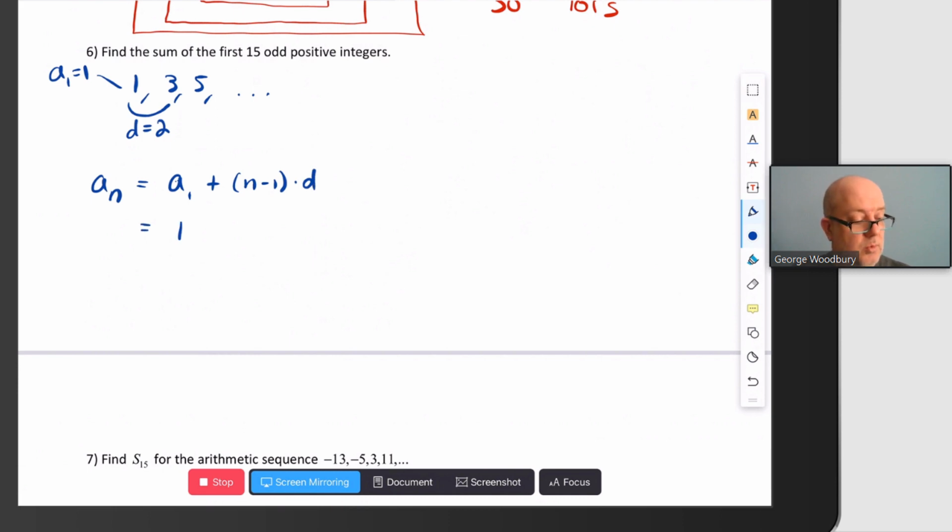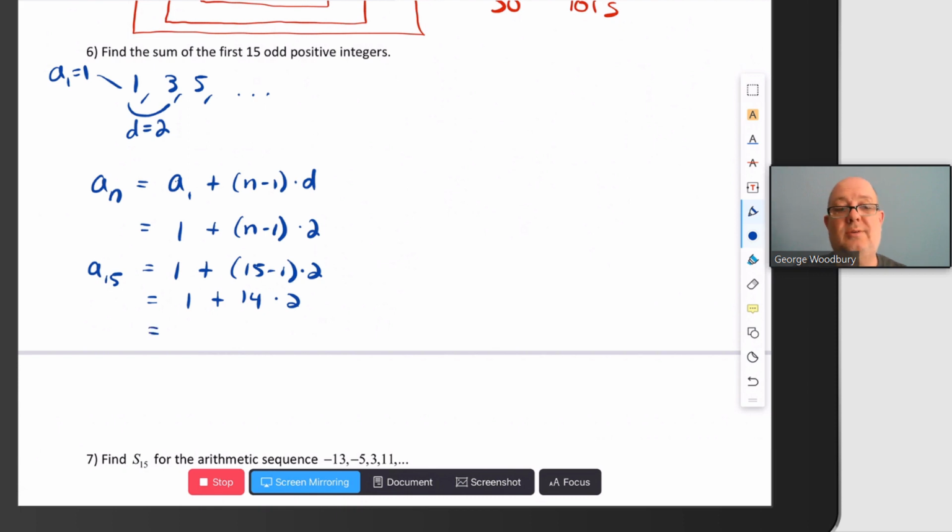Here, that's going to be 1 plus n minus 1 times 2. And if we're looking for the 15th term, a sub 15 is 1 plus 15 minus 1 times 2, which is 1 plus 14 times 2. 14 times 2 is 28, so the last term is 29.